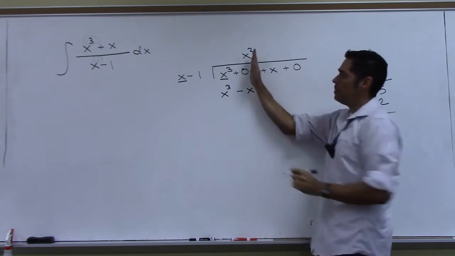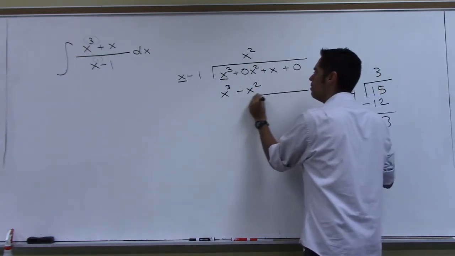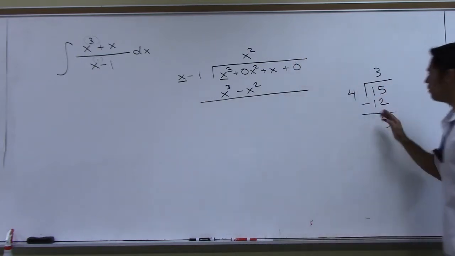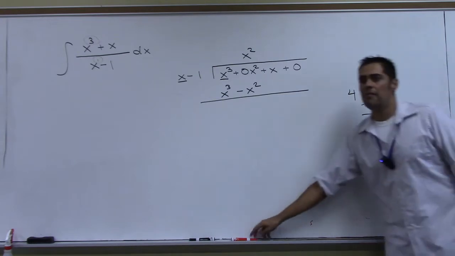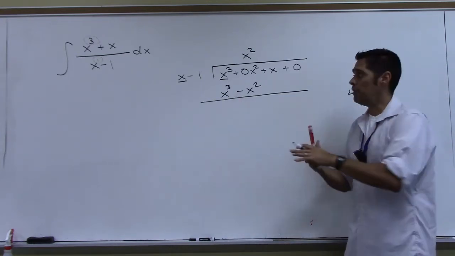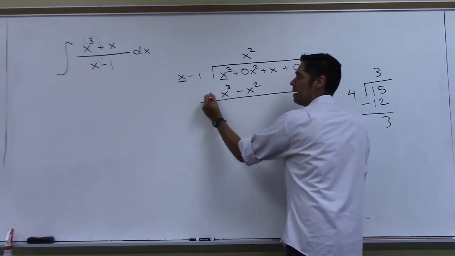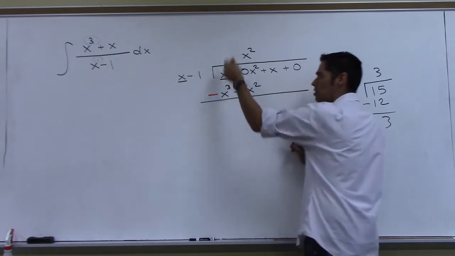And notice I lined it up underneath the x squareds, right? And what did I do over here once I did 3 times 4 was 12? I subtracted it, which is really going to have the effect of doing what here? Changing the signs, right? So if it was positive x cubed, it's now negative. If this was negative, it's now positive. And then you add straight down.